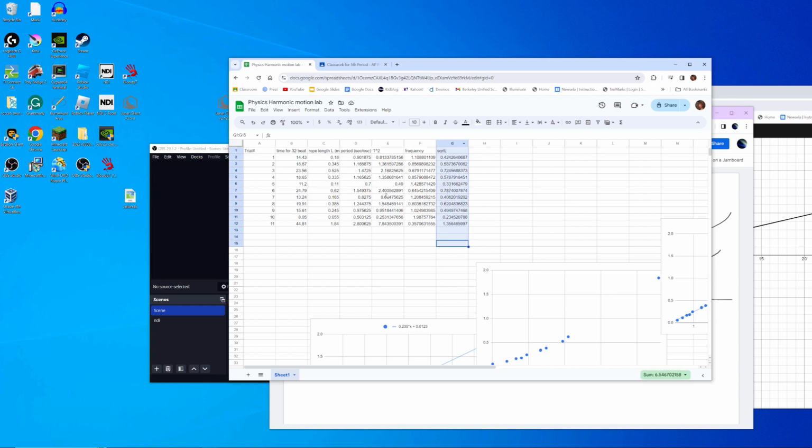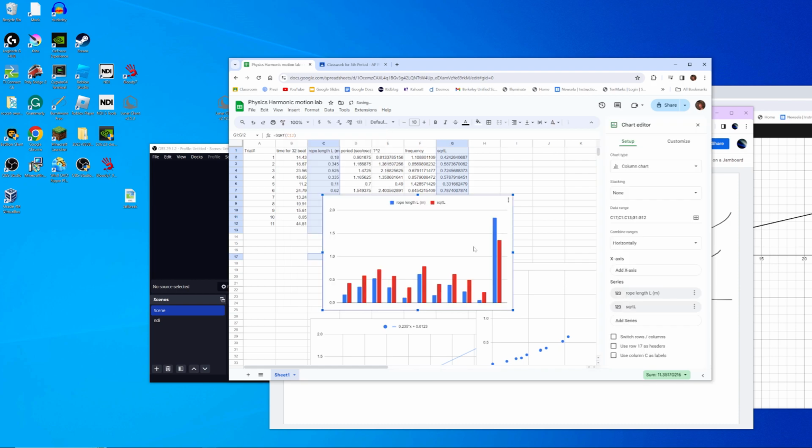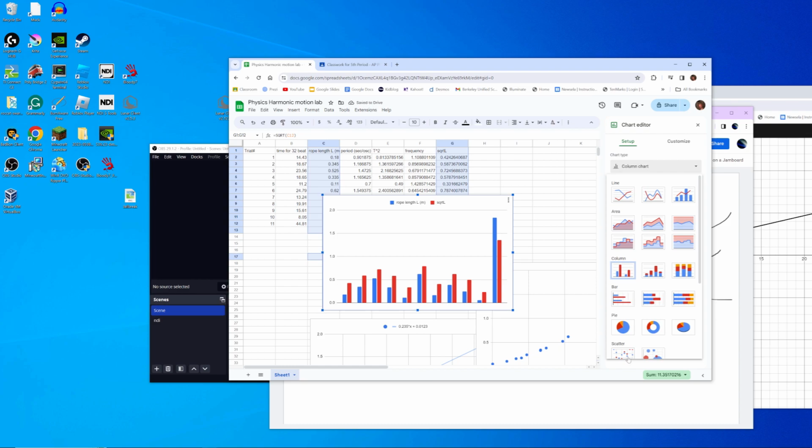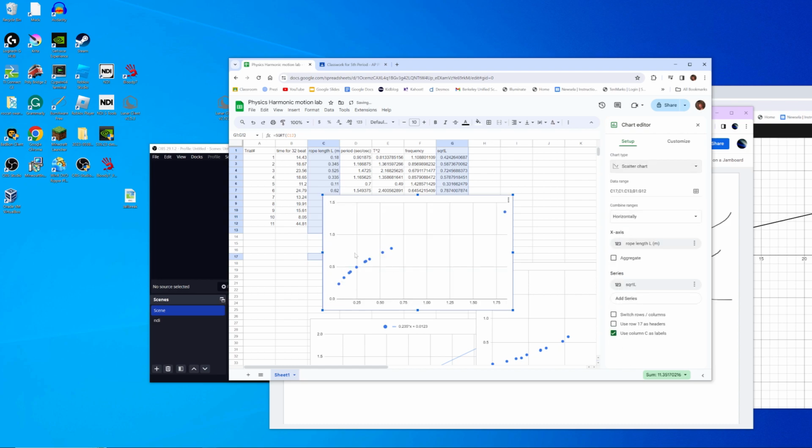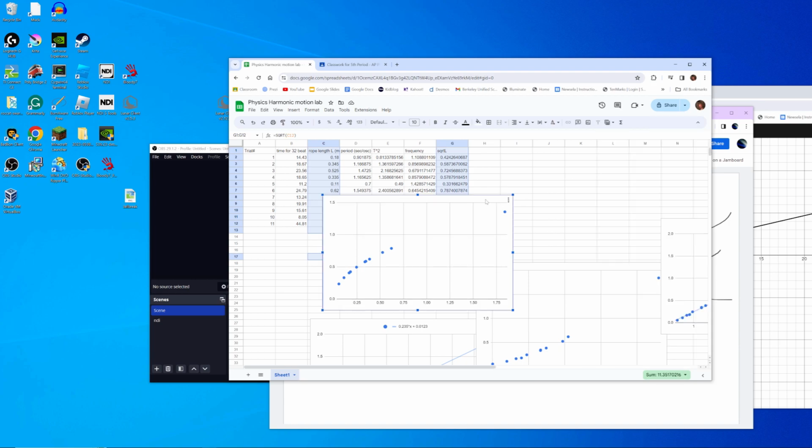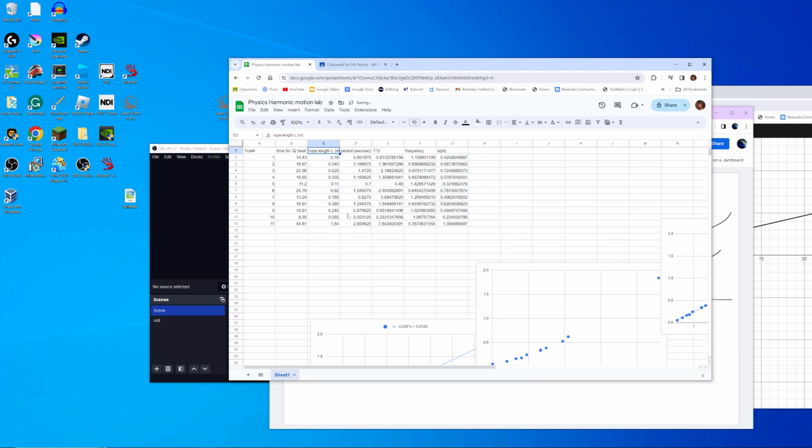Okay, square root of L and rope length. Uh-oh, I clicked the wrong button. Okay. It's control to highlight multiple things. Insert chart, column chart, scatter. Oh wait, that's why it doesn't work. Sorry, I accidentally did it.